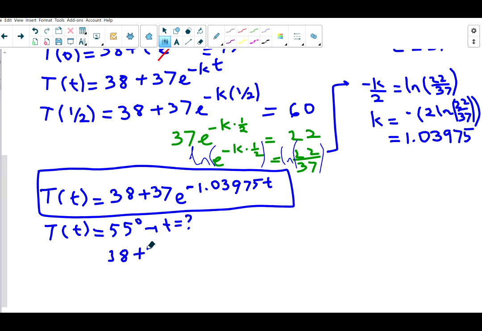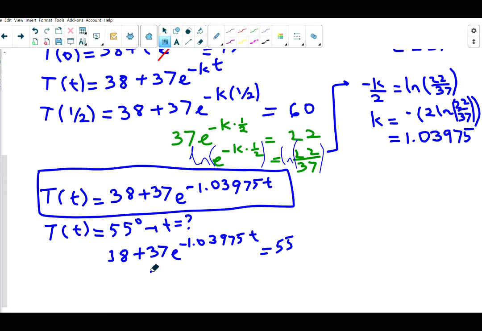38 plus 37 times e to the negative 1.03975 t equals 55. So to solve for t, first subtract 38 from both sides. So do a minus 38 on this side, minus 38 on the other side. So here you're going to lose the 38.